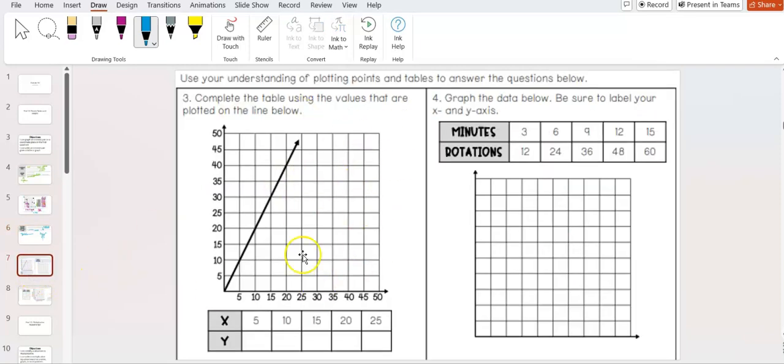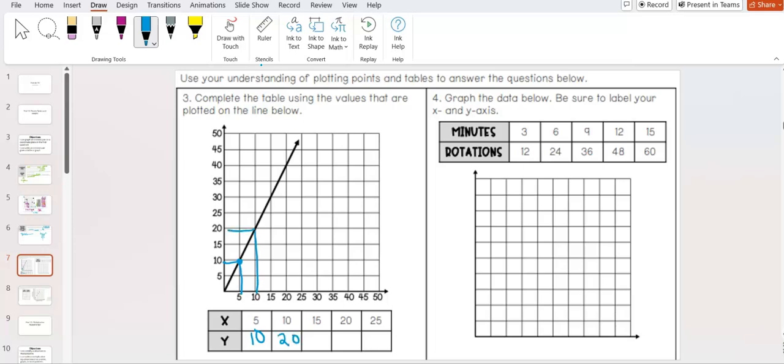When we look at a table like this or a graph, I can take points from the graph and place them in my table by looking at my x and my y and where it meets on the line they gave me. Here you can see that if x is 5, then y is 10. It has to do with where it hits this line on the graph. If x is 10, then y is 20.